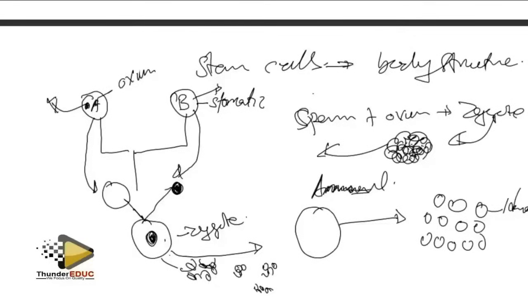Now, a question: will these babies look like B or will they look like A? They will look like B. Why? Because I use the nucleus of B. I didn't use the nucleus of A. Why did I use the shell or the casing of the other sheep?